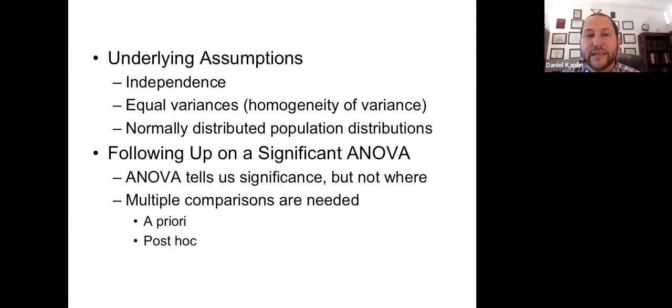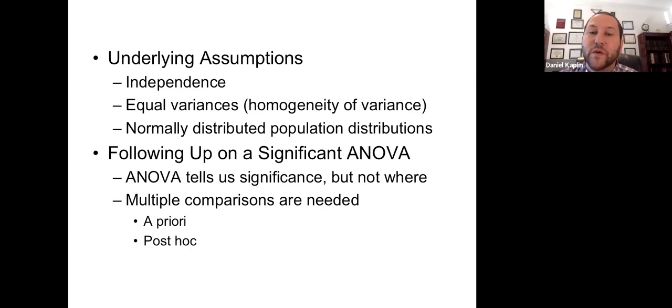Well, the assumption is that each of the groups are independent from one another. So if you were in the general counseling group, you would be separate or independent from a person in the systematic desensitization group, and so forth.